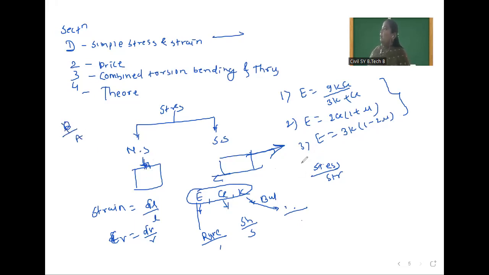Okay. And after that, we have discussed composite bars, that is bars in series and bars in parallel. So if bars are connected end to end or one over another, this is called bars in series. And if bars are connected parallelly, then this is called bars connected in parallel. So this is the first unit.